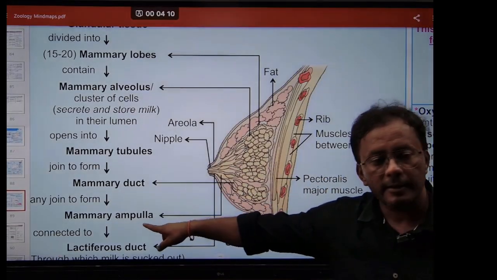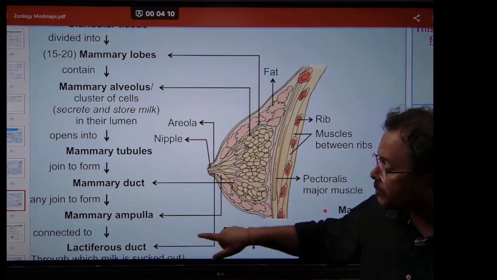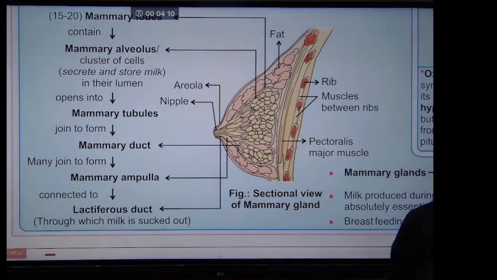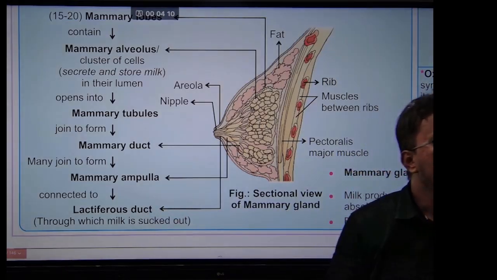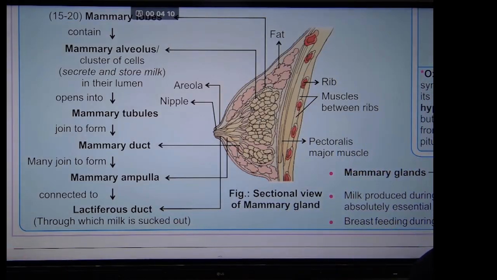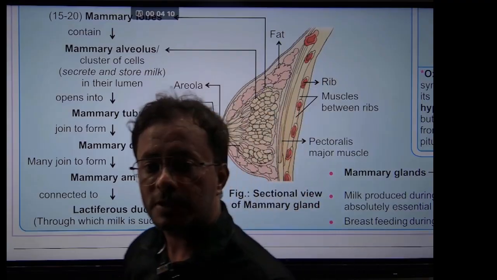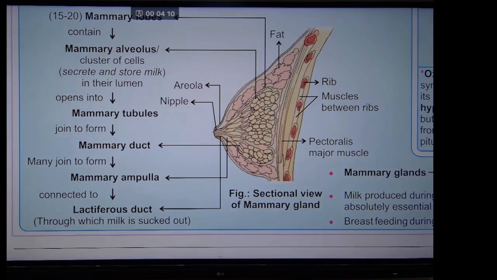They are called as mammary ampulla, and the small ducts that open out to the nipple, they are called as, what are they called? Lactiferous ducts, through which the milk is sucked out by the baby. Understood? The pathway is very important. Alveoli, mammary tubules, mammary ducts, mammary ampulla, and lactiferous ducts.